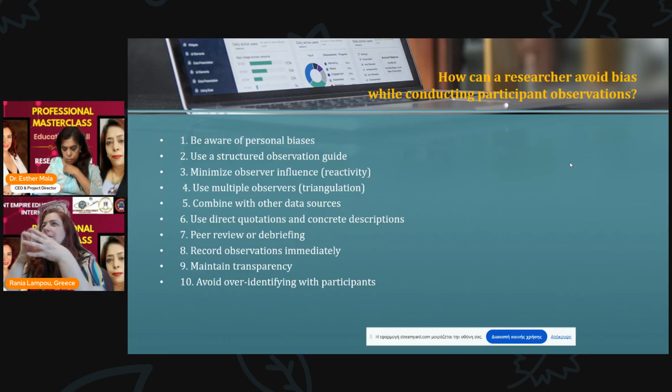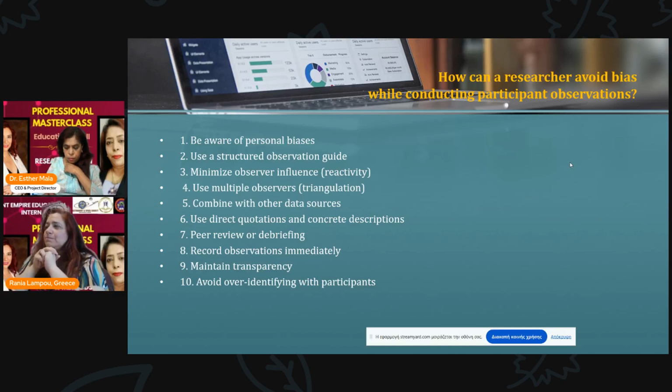For example, we need to acknowledge and examine our own assumptions, values, and cultural background we bring to the observation. Reflexivity: we can keep a reflexive journal to record our thoughts, our feelings, and potential sources of bias. We can use a structured observation guide, so develop a checklist or observation protocol to standardize what we are observing across settings. This reduces selective attention and helps us focus on objective behaviors rather than subjective interpretations.